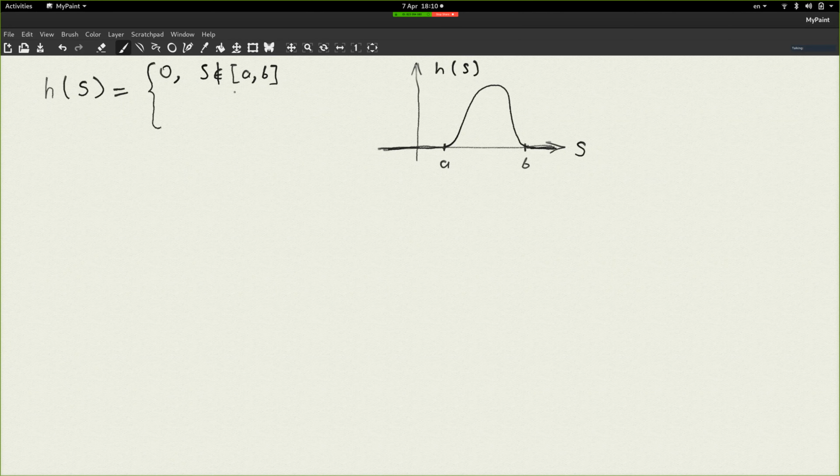The function will be positive. It will still be equal to 0 at A and B. So again, let me say it is 0 when s equals A or s equals B. It is positive when s belongs to the interval from A to B. Within this interval, let's say this function is twice continuously differentiable.